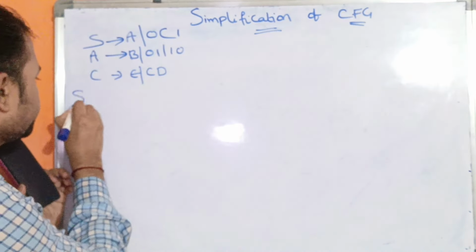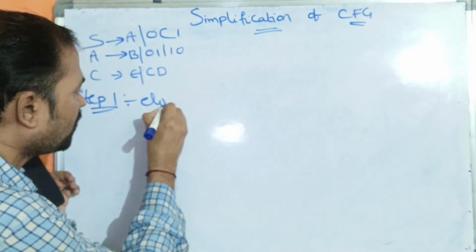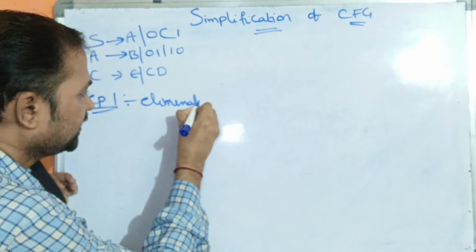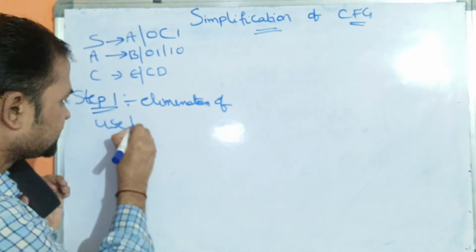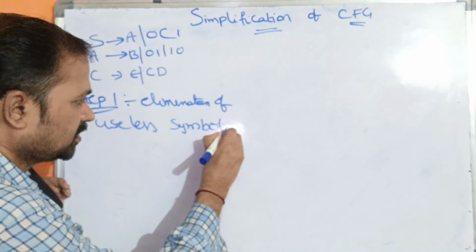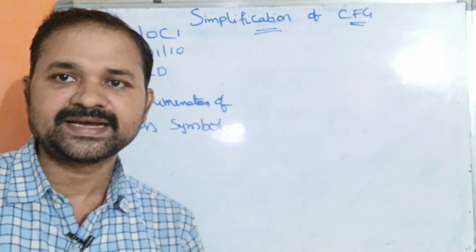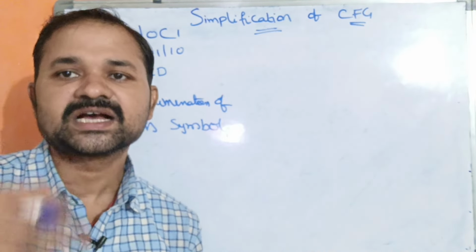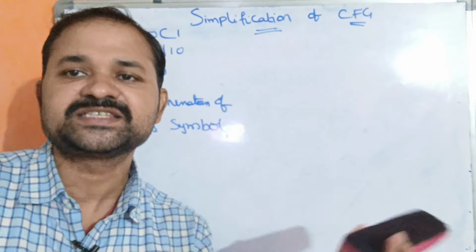So step 1 is elimination of useless symbols. Here symbol means non-terminal. We can say that a non-terminal is a useful symbol if that symbol is derived from the starting symbol.